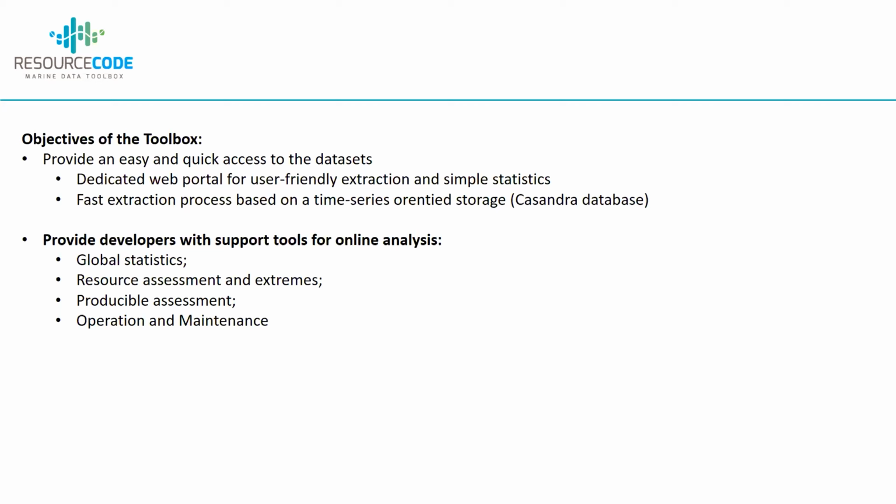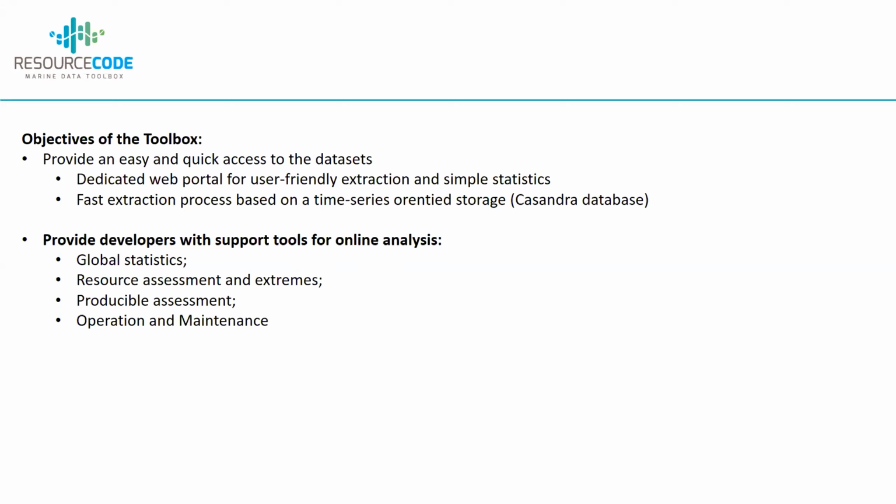As I said before, the idea was to allow for fast extraction of the data through a dedicated database called Cassandra, which allows time series oriented storage, which means that the data is stored in a time series format.